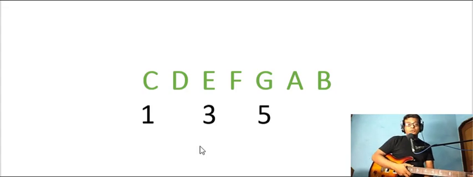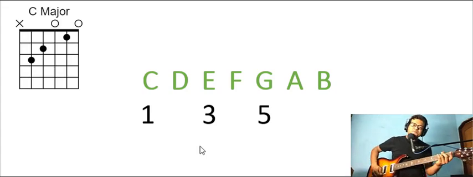Like I said, the root, the third and the fifth make a triad. In the C major scale, the first chord is the C major triad itself: the C note, the E note, and the G note. If I play these three together, this is a C major triad.